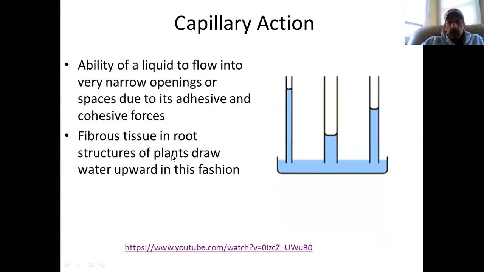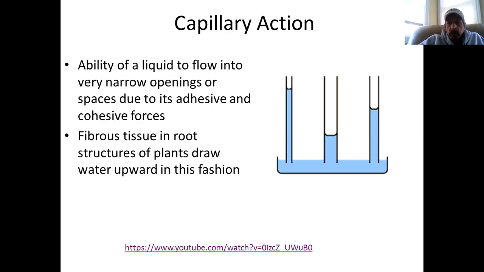And that leads us to this concept called capillary action. Some of you may have noticed if you ever dip a straw in a fluid, if that fluid is mostly water, that fluid will rise up into the straw, and that's because of adhesion and cohesion. Particles can stick to particles of the same type if they're water, and particles can stick to many different kinds of surfaces of different types, also if they're water.